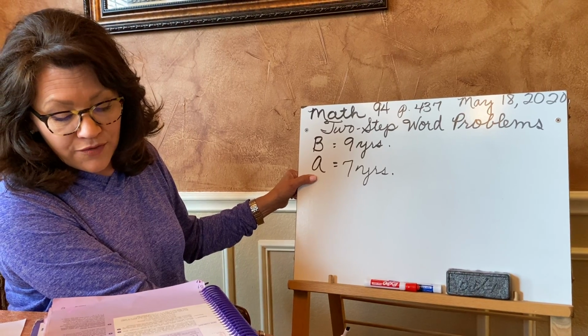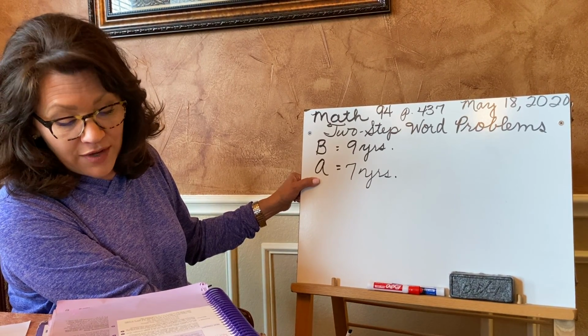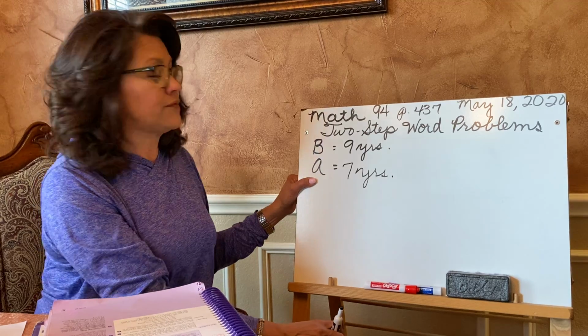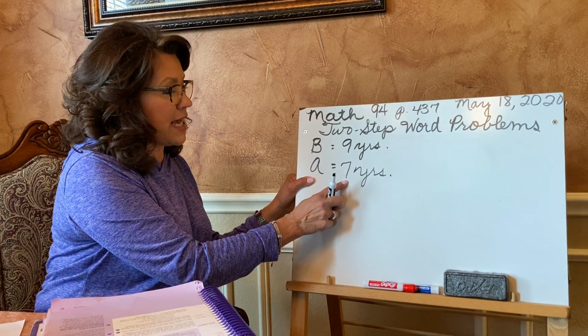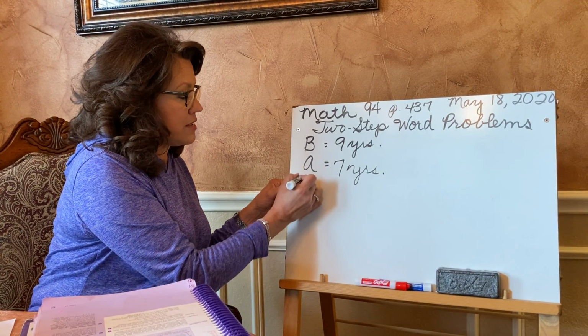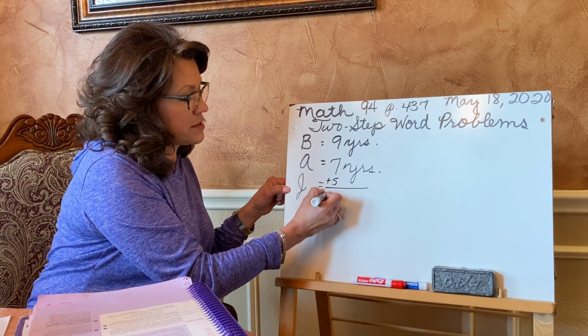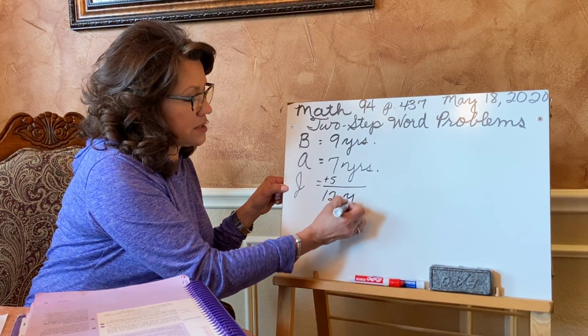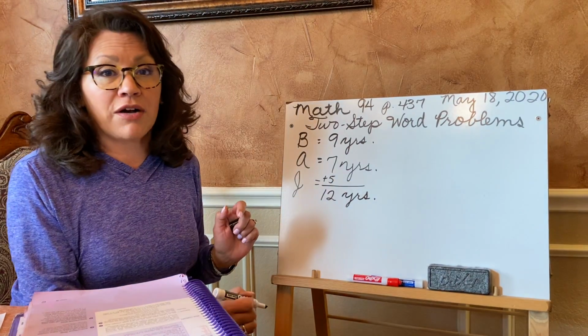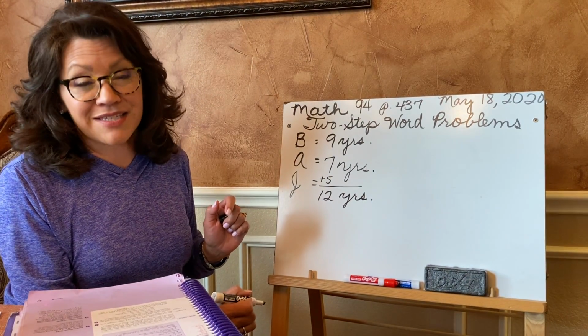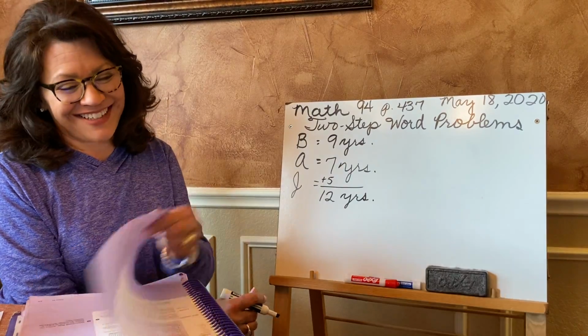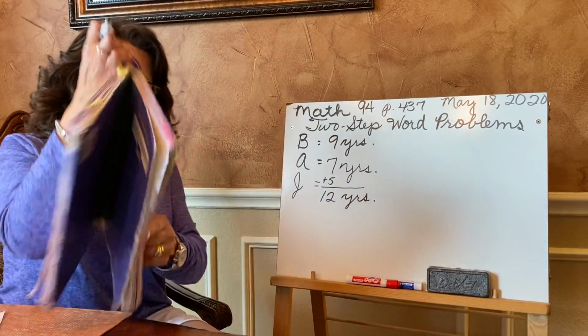We're going to add 5 to Allie. So Jim is how old? Did you say 12? I'm sure you did, because the answer's in the book. I know you guys.